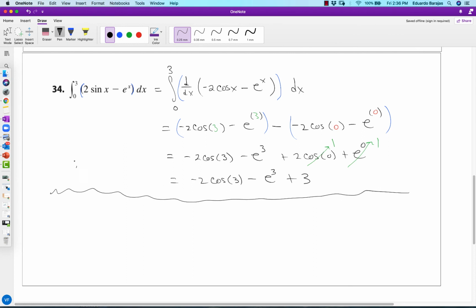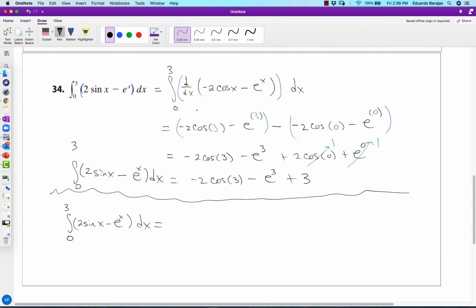Right? And so the integral from 0 to 3 of 2 sine x minus e to the x dx equals that. Okay, and then the other way of writing it without doing this middle step, the other notation style that we want to adopt, is this one. The integral from 0 to 3 of 2 sine x minus e to the x dx.